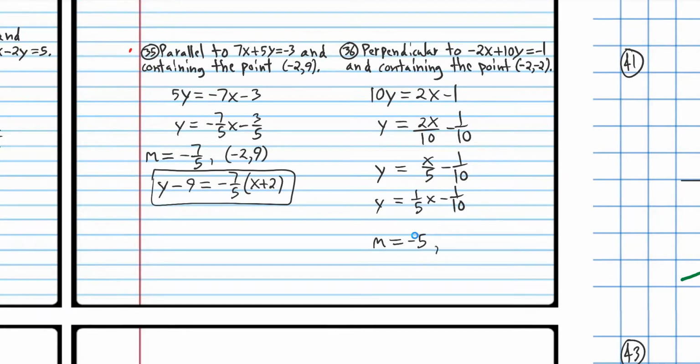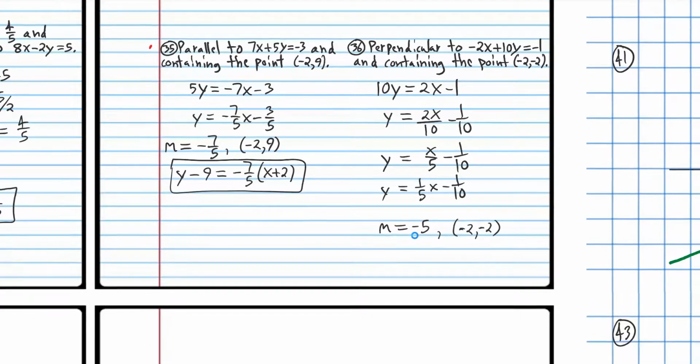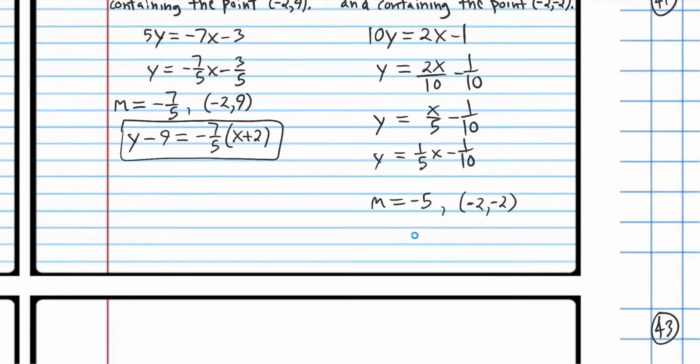And we're told that we have a point, -2, -2. So now we can just use point slope form because we have a point and we have the slope of the line. So y plus 2 is equal to -5 times x plus 2.